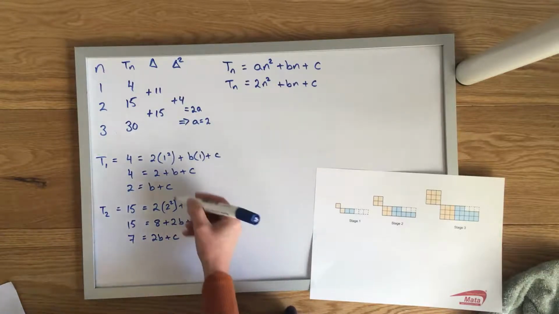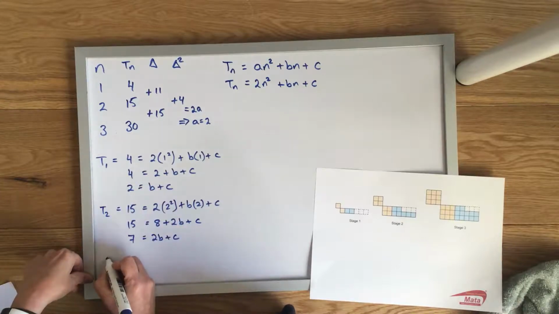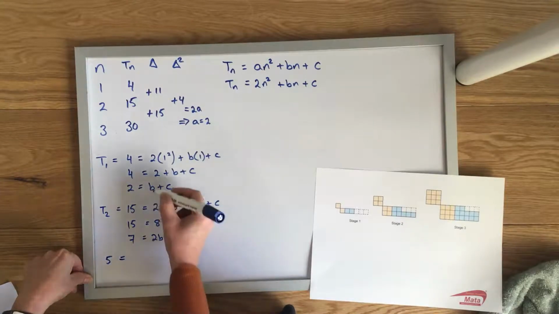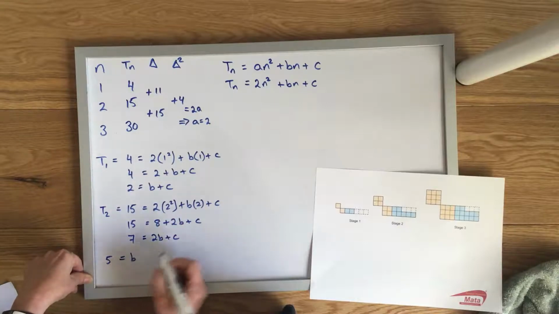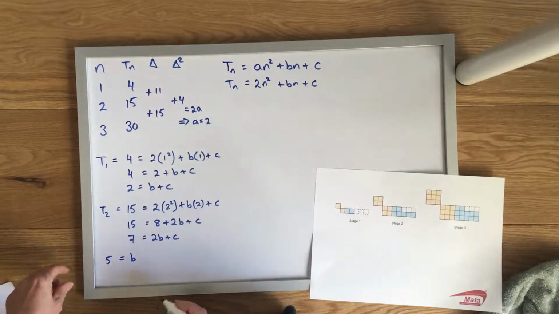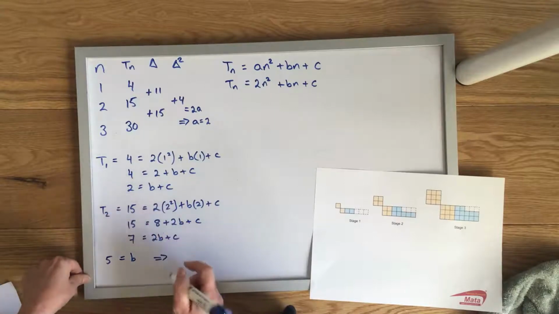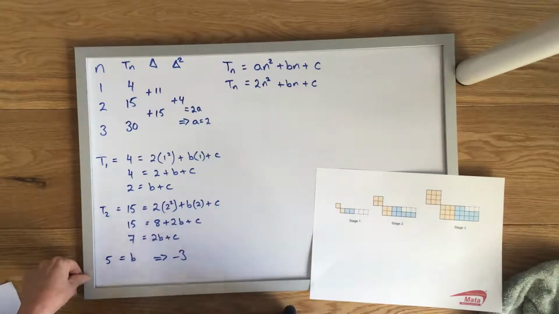I'm going to subtract these two equations. So 7 take away 2 is 5. 2b take away b is b. c take away c is 0. So b must be 5, and that will imply that c is actually minus 3.